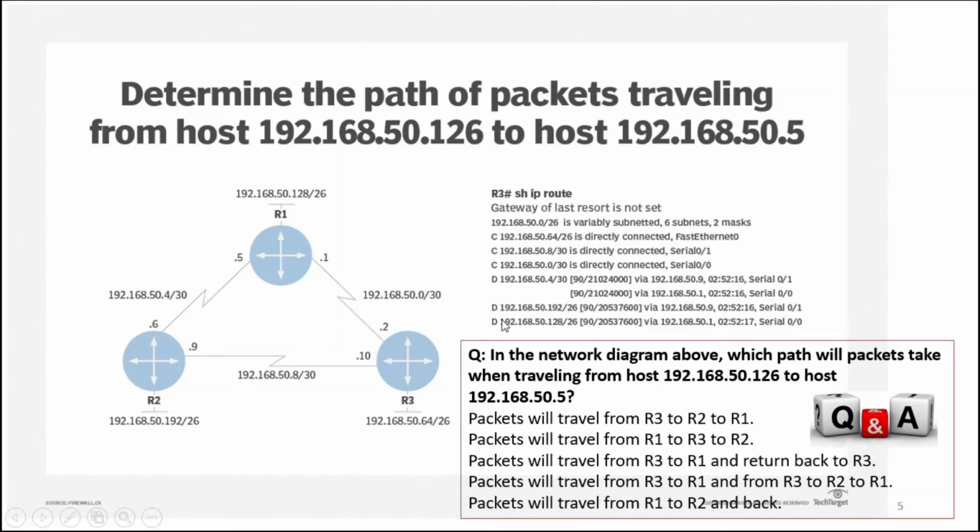Here we can go directly to the information related to the first part. The first part, 90, means this is the AD for OSPF. If the number were 120, it would mean this part is related to RIP. But here we have 90. It means the routing process between these routers uses OSPF instead of RIP.